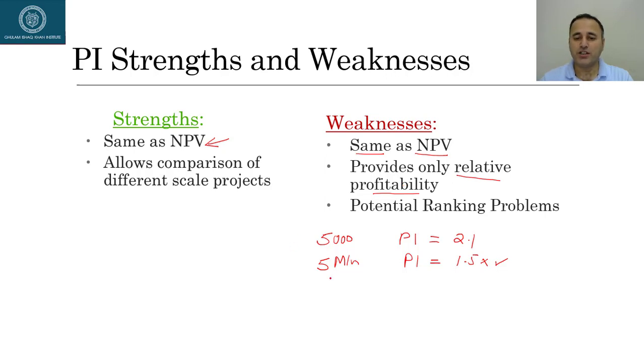Of course, in project number 2, since the investment is $5 million, a PI of 1.5 would be very, very strong, which means almost $2.5 million worth of profit. So that's the same potential ranking problem.